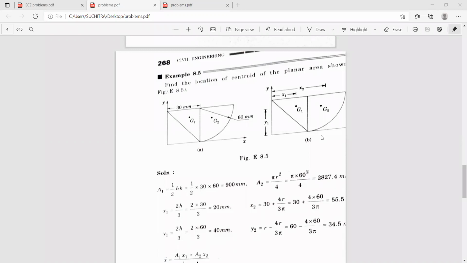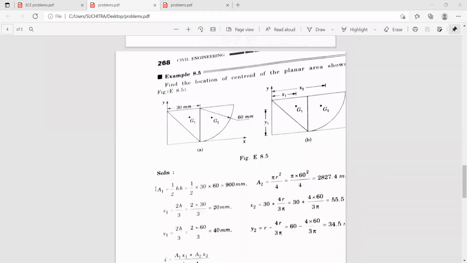The centroid of the quarter circle with respect to this axis is at a centroidal distance of 4r by 3 pi. So y2 is the radius of the quarter circle minus 4r by 3 pi. That works out to be 34.5 millimeters.